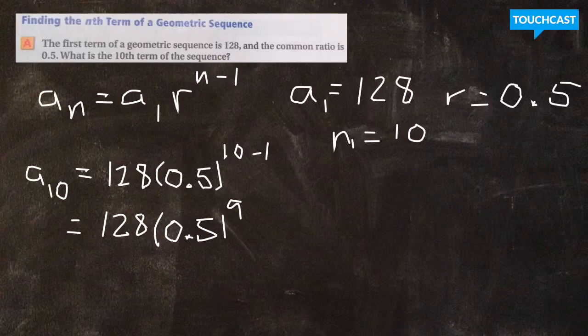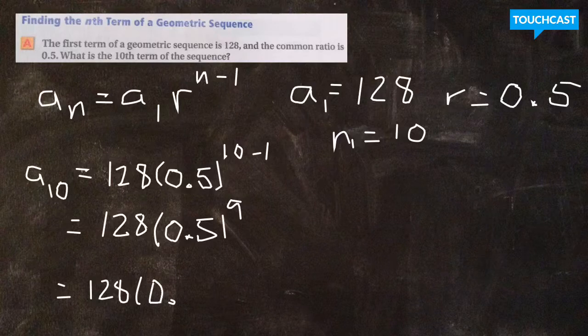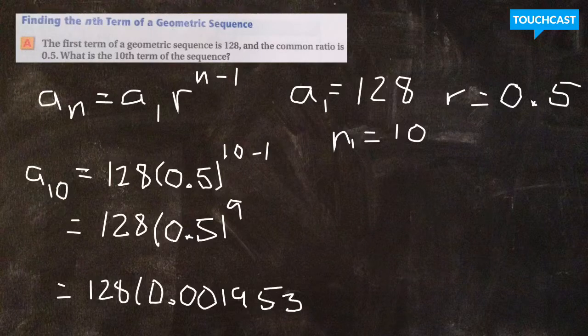Now we're going to simplify the exponent, 0.5 to the 9th. Let's not round it. That's going to be 0.001953125.